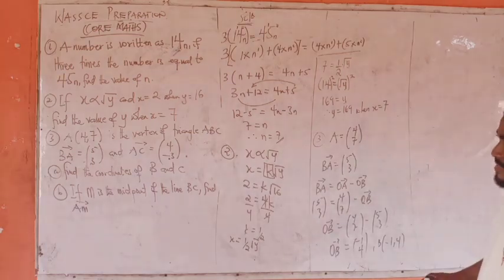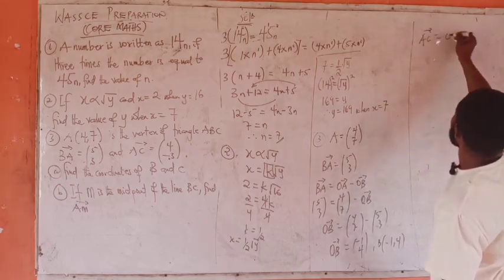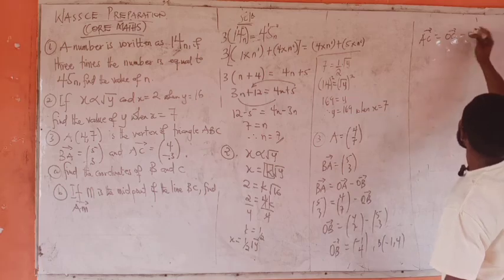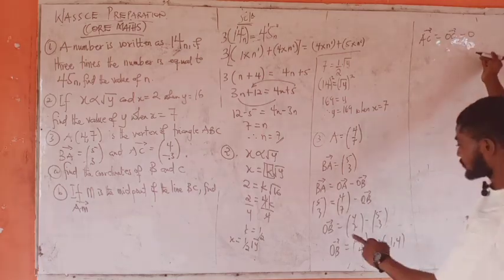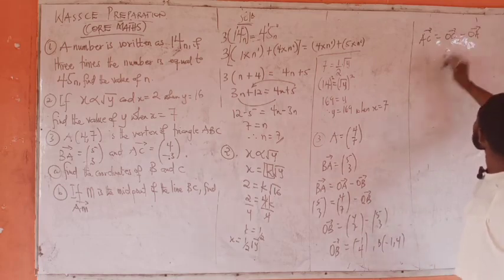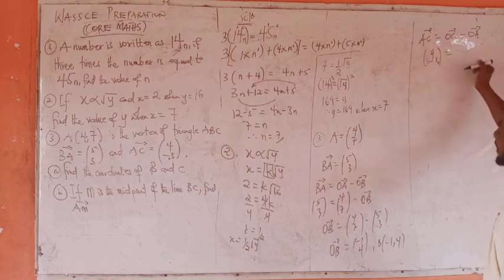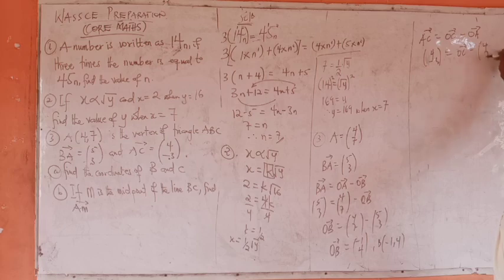I've been told AC also exists, which is OC minus OA. We've been given this as (4, -3), and OC is what we don't know. We want to find it. OA was given as (4, 7).